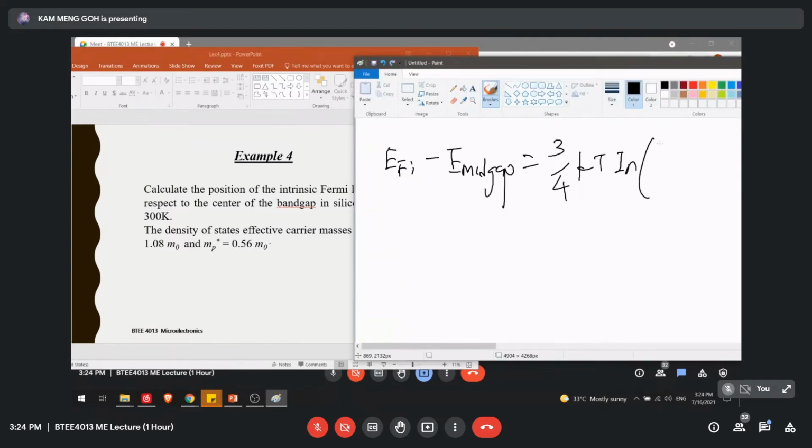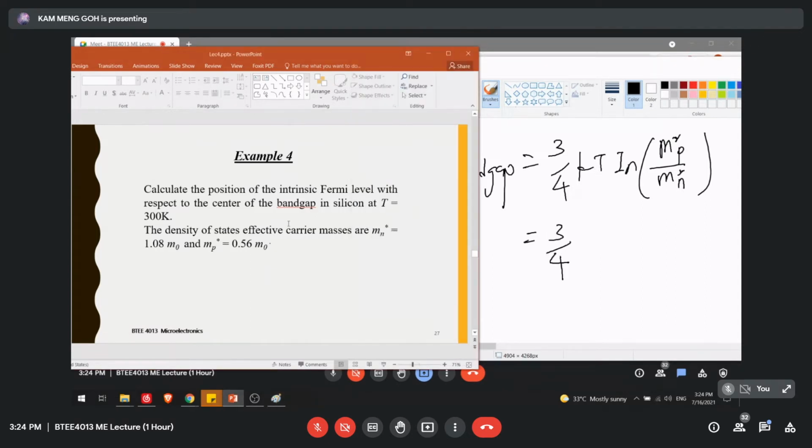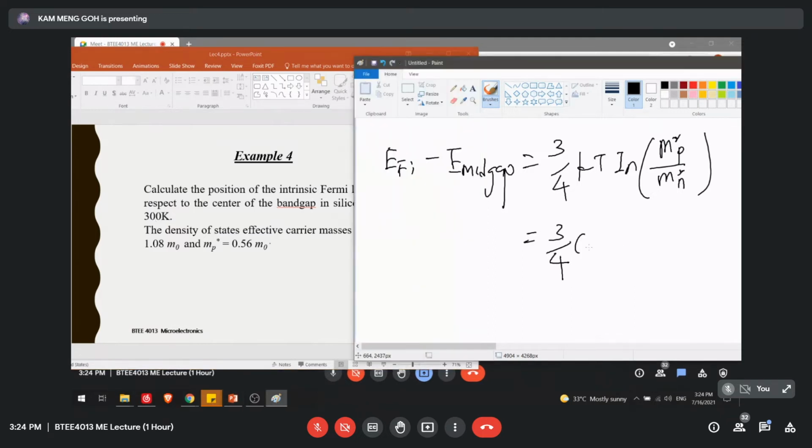Then he gives you the effective density of states carrier masses, where mn equals 1.08 m0, and mp equals 0.56 m0. Okay, we know that this one is equal to 3 over 4 kT ln mp over mn. What is kT? kT we know, T is 300. So we know that this is equal to 0.0259 eV.